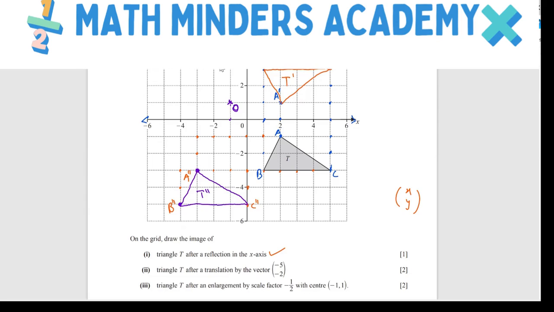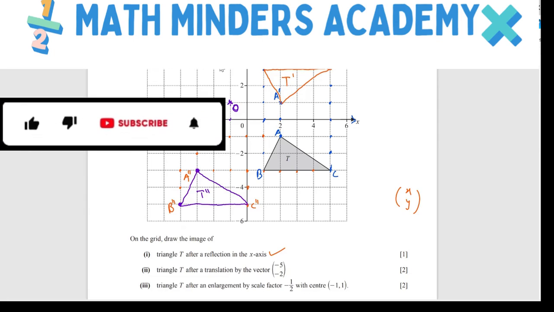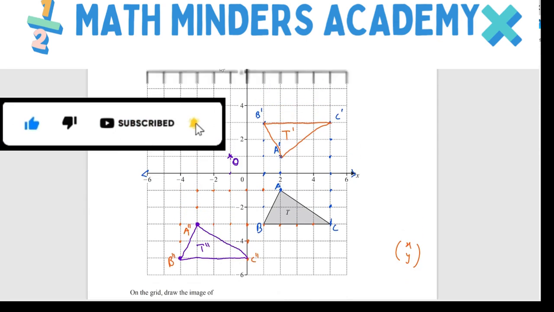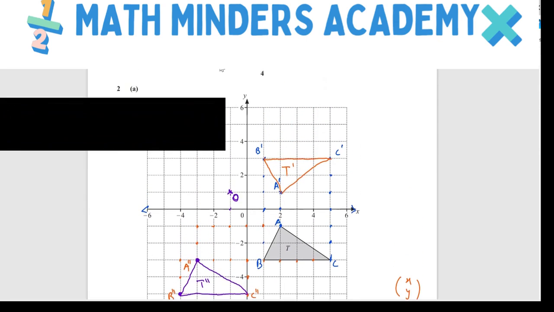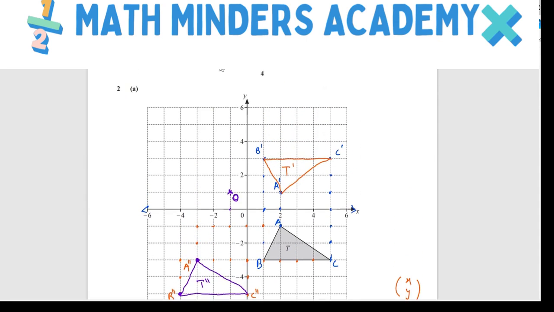So what we do here now is we are going to look at triangle T and enlarge it point by point. Let's take point A. Remember that our scale factor is -1 over 2.